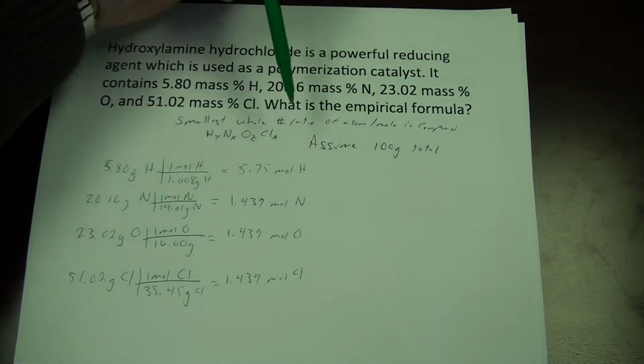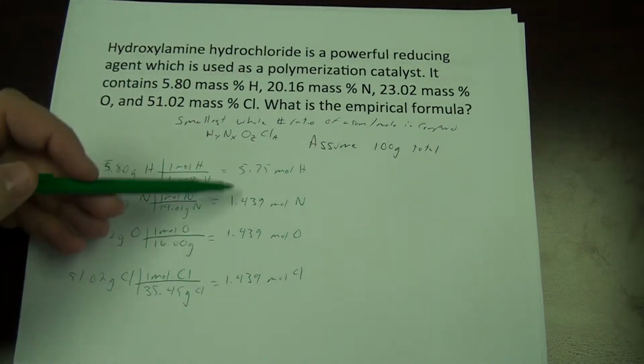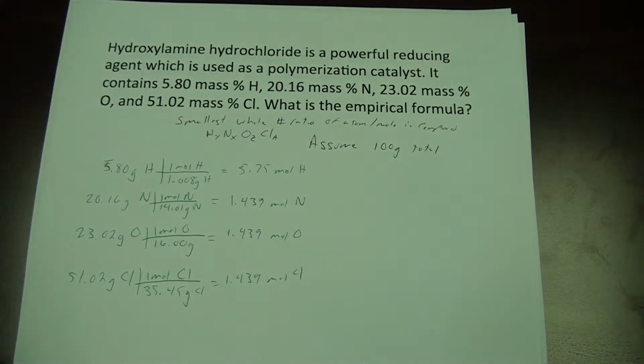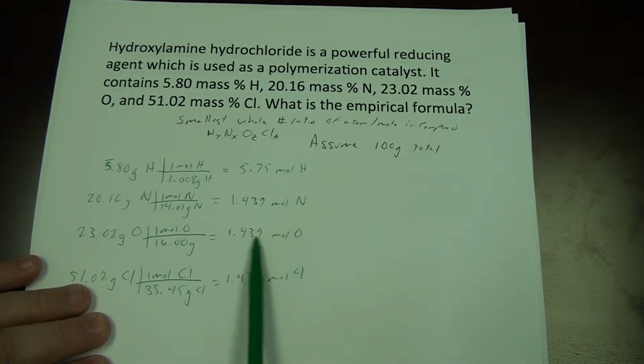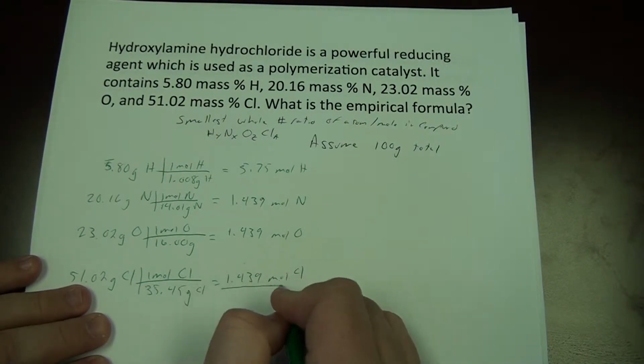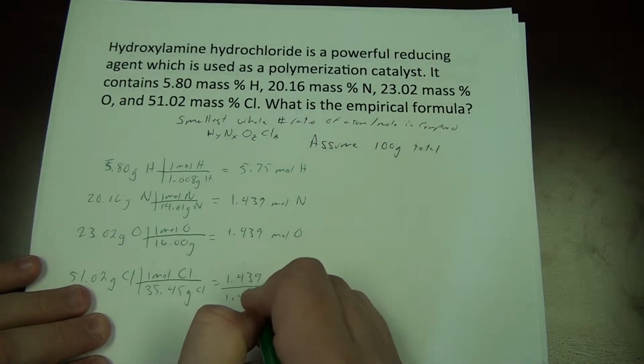Since we want the smallest whole number ratio, we're going to divide each one of these by the smallest value present, in this case any one of these. So we're going to divide all of these by 1.439.